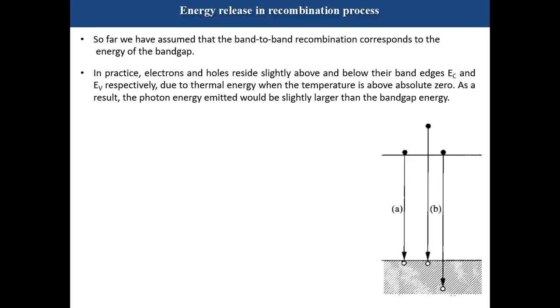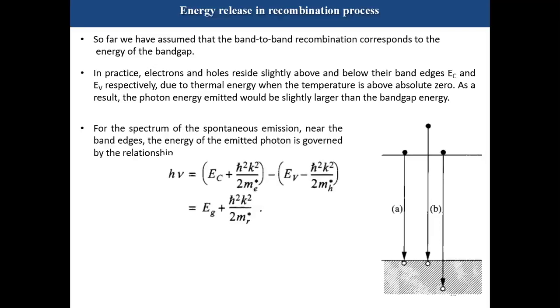As a result, the photon energy emitted would be slightly larger than the bandgap energy. For the spectrum of the spontaneous emission near the band edges, the energy of the emitted photon is governed by this relationship.